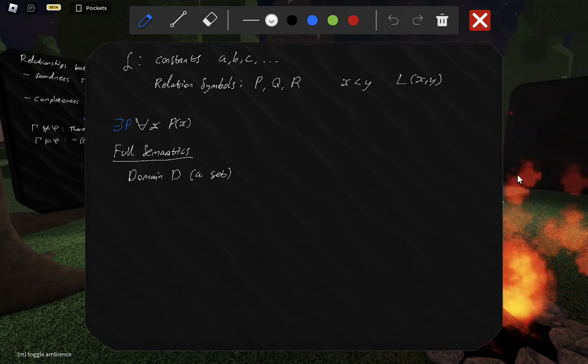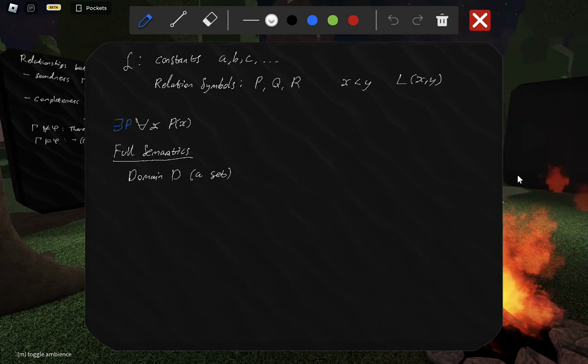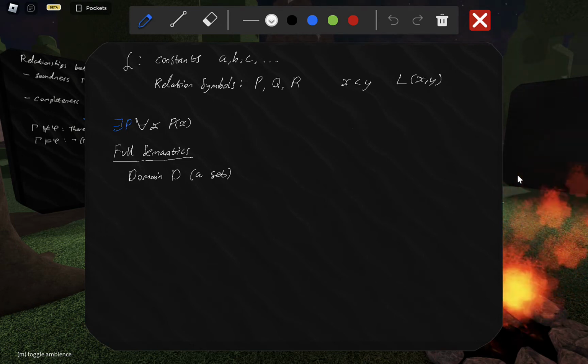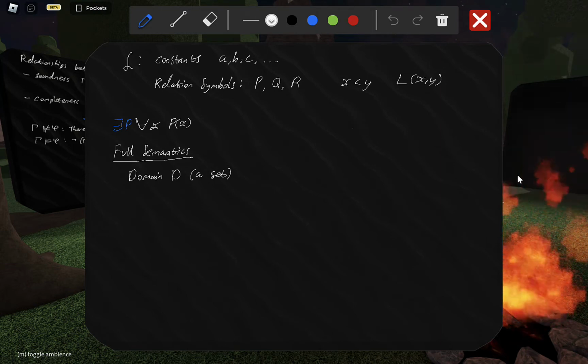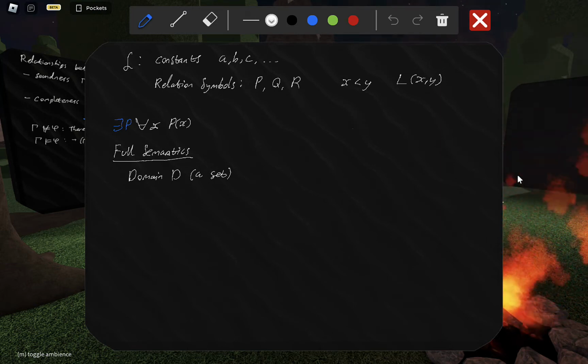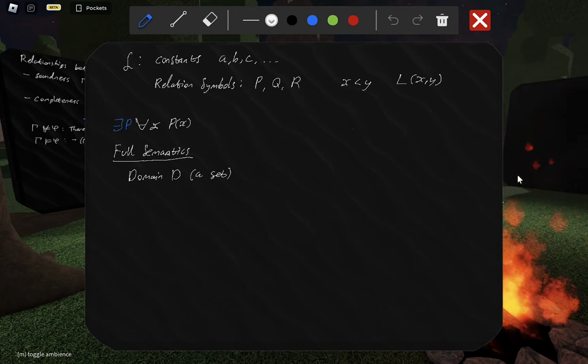They get interpreted as things in that domain D. And then there's the domain for predicate symbols, the things that predicate symbols get interpreted as.